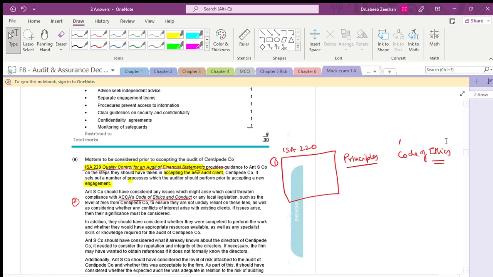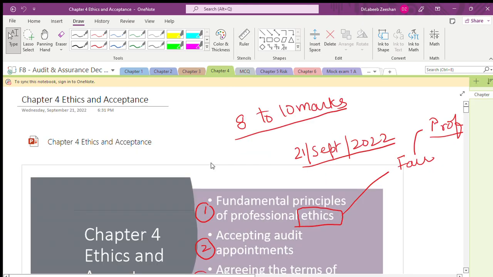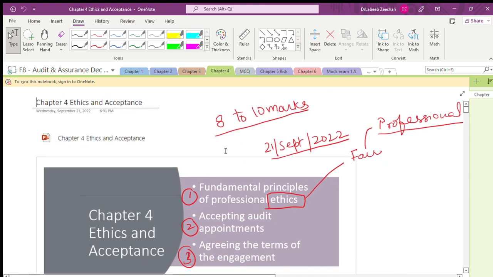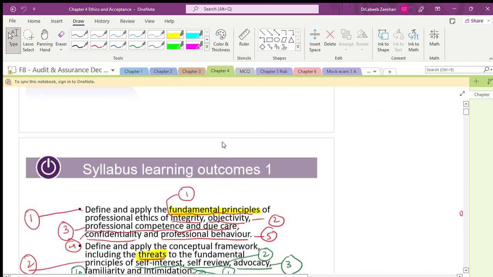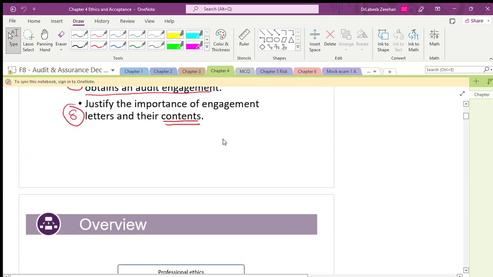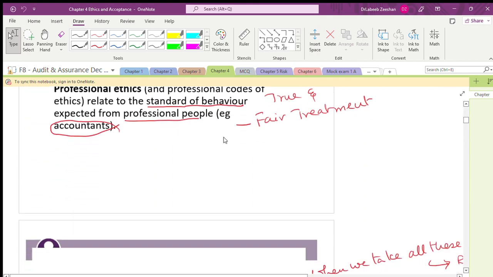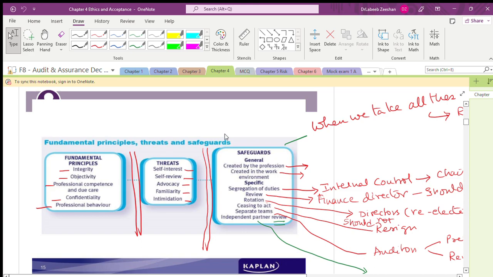The ACCA Code of Ethics is there. Ethics and acceptance. What are the fundamental principles?